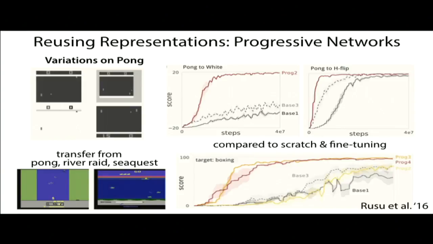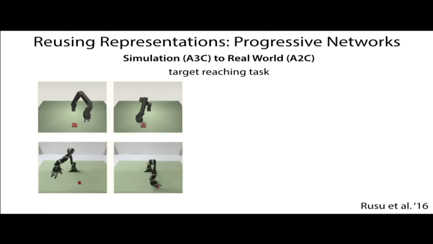Okay. They also train this on a simulation to real world scenario where they're trying to have this Jaco arm, which is shown on the bottom, be able to reach a red target position. And they first trained it in simulation, used that for the first column, and then reused the representations learned in simulation for learning in the real world.